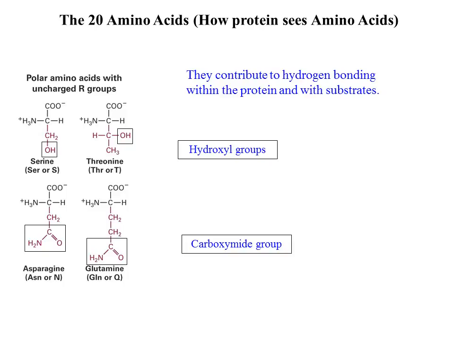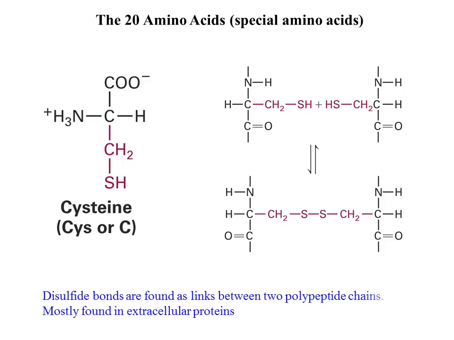Those two amino acids, asparagine and glutamine, or N and Q, are derivatives of their acidic amino acid sisters, which are aspartic acid and glutamic acid. Okay? What they have here is what we call a carboxyamide group. It's a polar group, so it can interact with water, and it can also be buried inside the protein.